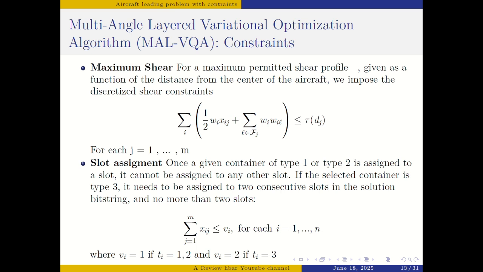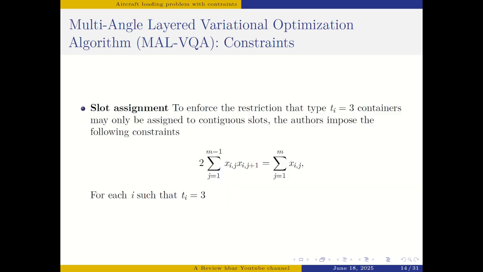It is obvious that a container placed in one position cannot be placed in another. These constraints ensure that. We continue with a constraint. The previous constraints do not apply exactly to type 3 containers because placing one of them requires two consecutive slots.